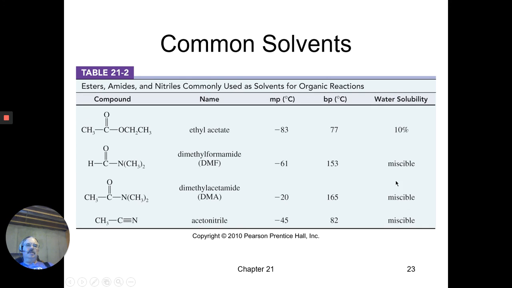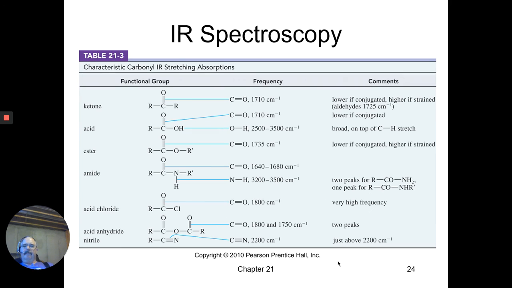These amides you can see are all miscible in water. These small amides. Acetonitrile is miscible in water. Ethyl acetate is 10% soluble in water. Ethyl acetate is sometimes used in solvent extraction in a separatory funnel as the organic phase.